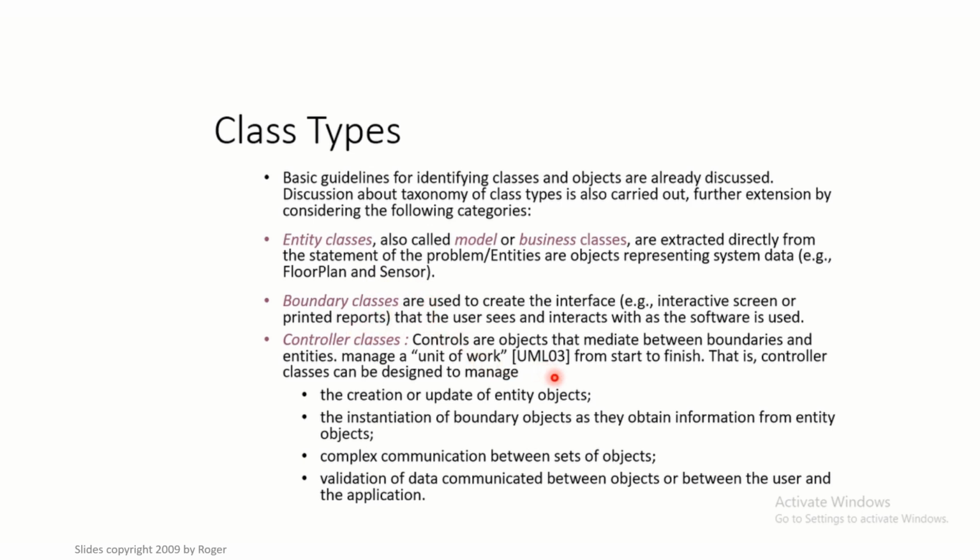The design concept behind control classes covers the creation or updating of entity objects, and the instantiation of boundary objects as they obtain information from the entity objects. Instantiation of any boundary object comes in this category.